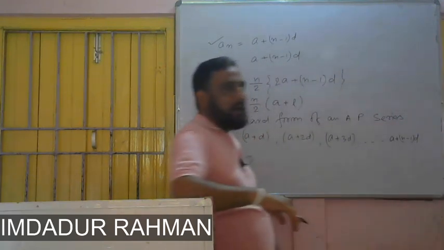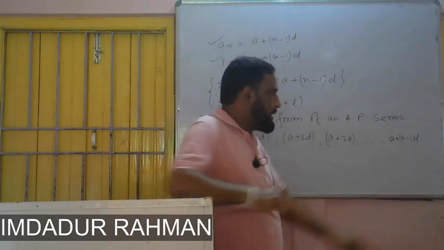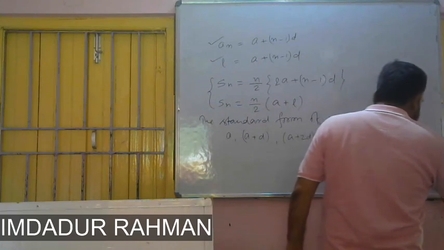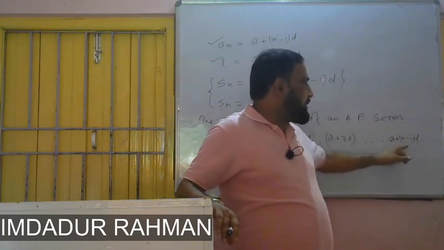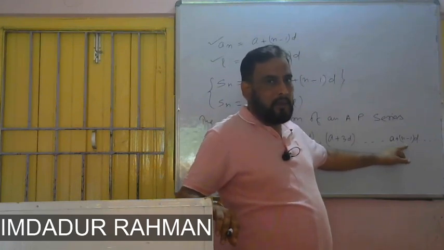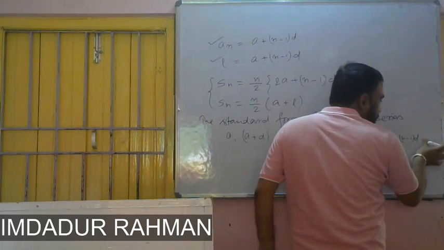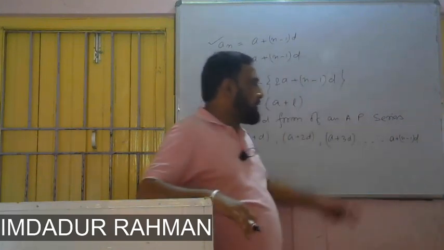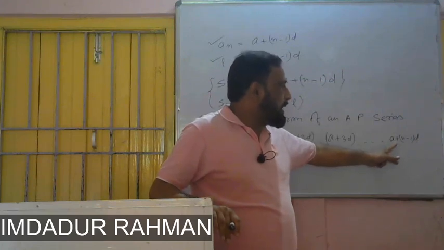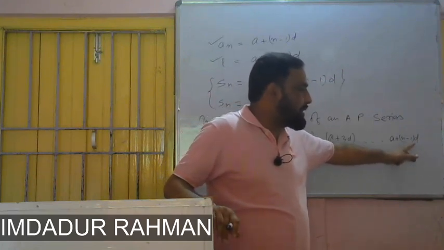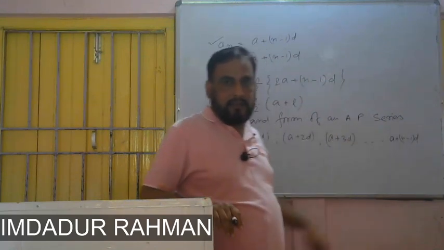This is the last term if you write like this. If you add dots at the end, meaning more terms are there, then you will term this as An. Did you get it? If you think that this is the last term, then A plus (n minus 1) into D is L, because there are no more terms in this series.